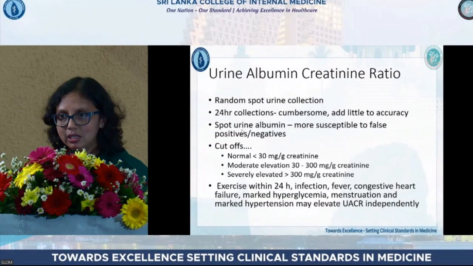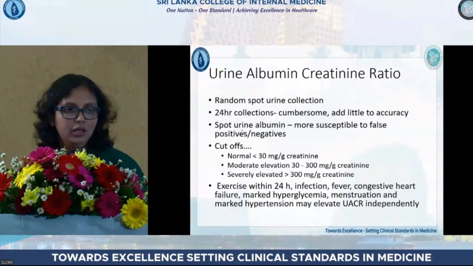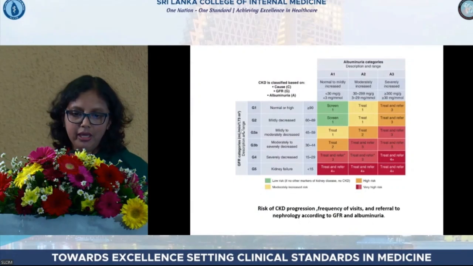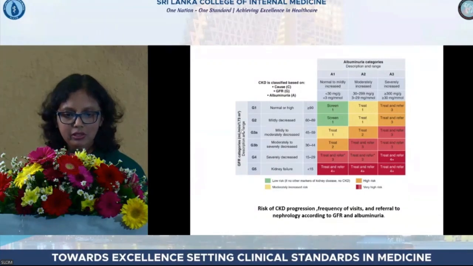So that's the first test we do for screening, and alongside this we should be doing a serum creatinine and calculate the eGFR as well. So based on these 2 tests, we can put the patient somewhere on this table. So you can see from the two green boxes, that's the best case scenario.